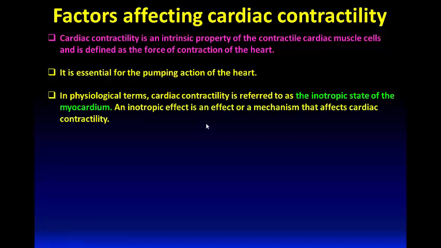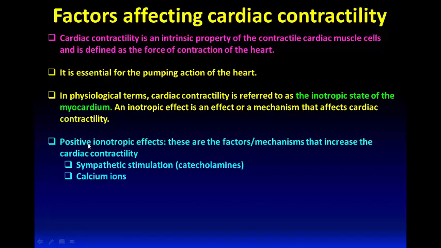In physiological terms, cardiac contractility is referred to as the inotropic state of the myocardium. So when we say inotropic state of the myocardium, we mean the cardiac contractility. An inotropic effect is an effect or a mechanism which affects cardiac contractility.